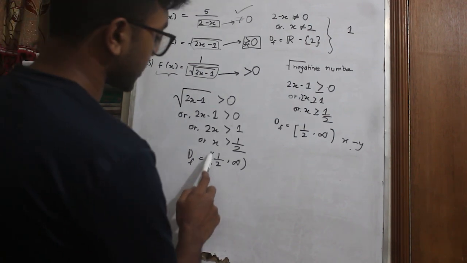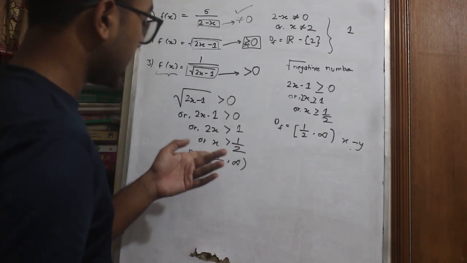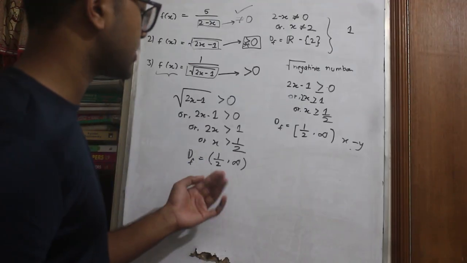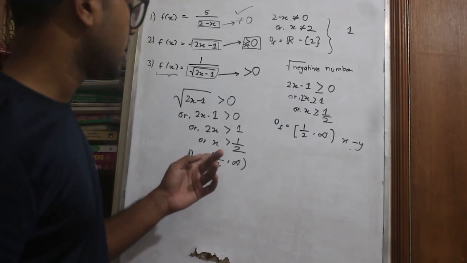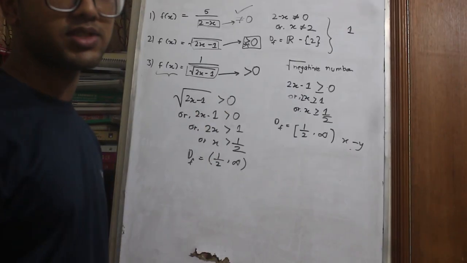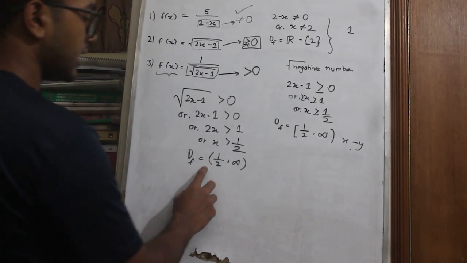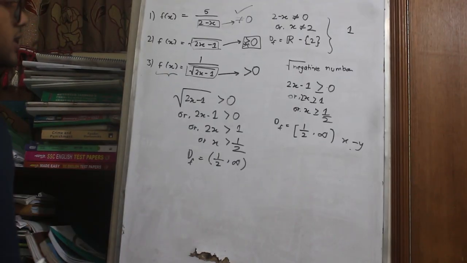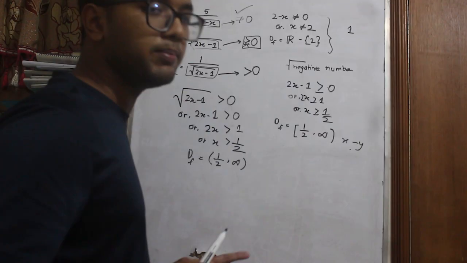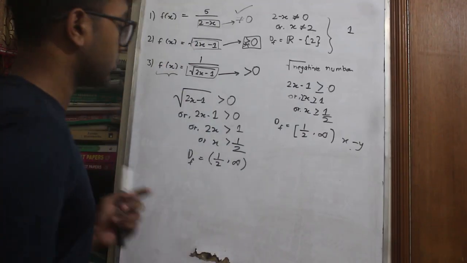And 1 by 2 has a round bracket here because it cannot be 1 by 2, it can only be greater than 1 by 2. So 1 by 2 itself is not included, and we know that when an endpoint is not included but the elements between are, it has the round bracket. Okay, so that's the basic discussion, and this is the simplest, as simple as you can go.